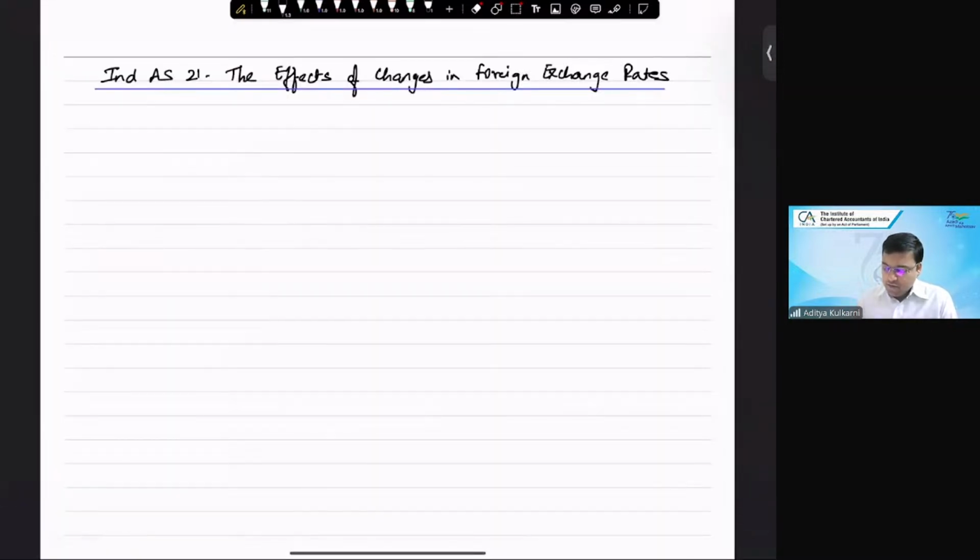Okay. So now, if you recollect AS 11, I had only two currencies. One was home currency or domestic currency or reporting currency, the currency where the entity was domiciled, plus foreign currency.